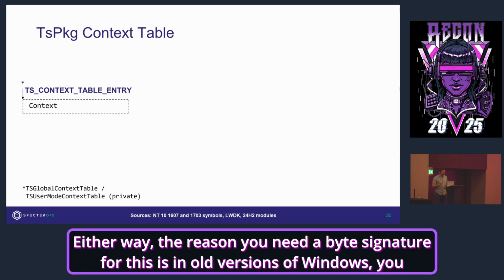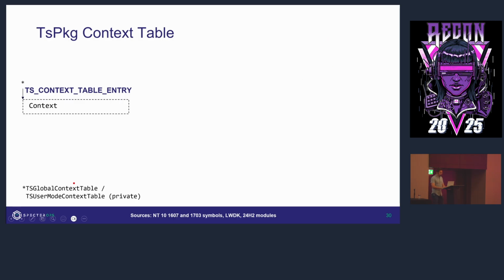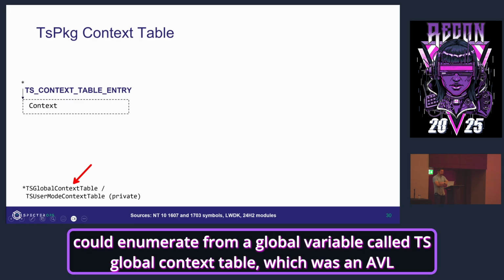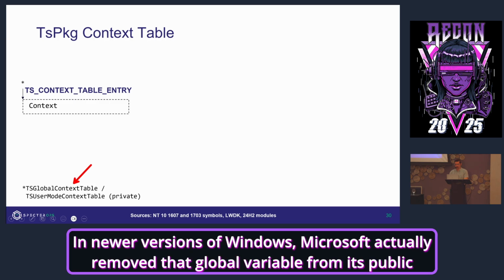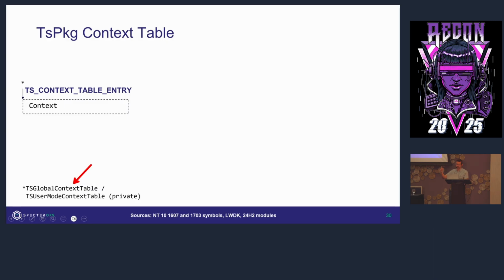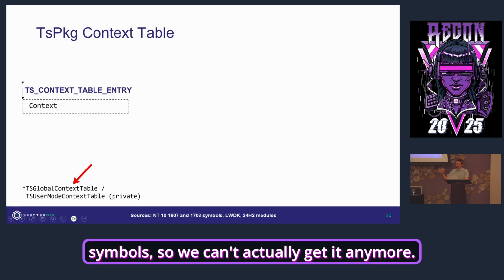But either way, the reason you need a byte signature for this is that in an old version of Windows, you could enumerate from a global variable called TSGlobalContextTable, which was an AVL tree. In newer versions of Windows, Microsoft actually removed that global variable from its public symbols, so we can't actually get it anymore.